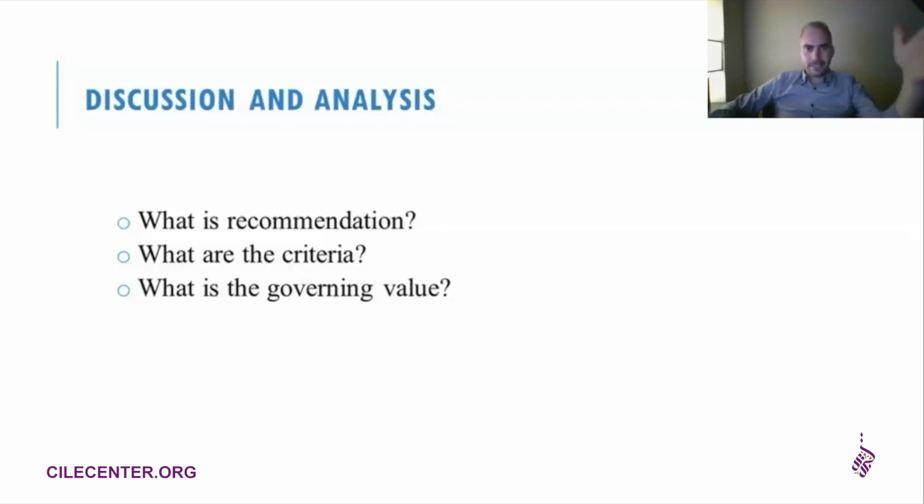They said that it's legal and ethical in these extraordinary circumstances to prioritize people. So this is the recommendation, or the general statement. So what is the criteria? Why, based on what, is it legal and ethical? Capacity to benefit.